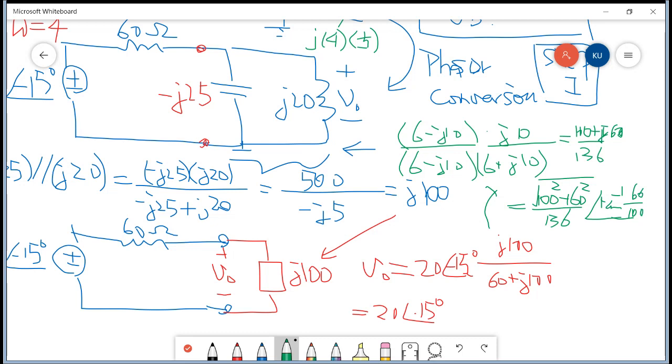So in this case, 60 squared plus 100 squared, take the square root, will be 116.